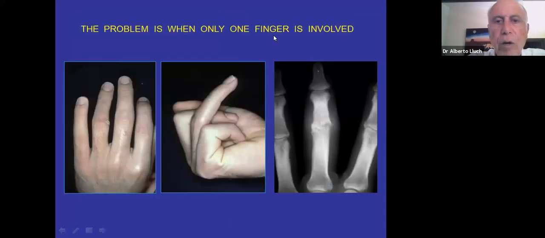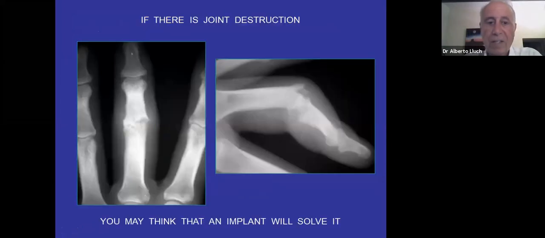The problem is when only one finger is involved, like in this case here, because aesthetically it's not very nice to fuse just one finger in extension like this, or flexion, or if there is joint destruction, like in this case. This is a rheumatoid patient, the ring finger.